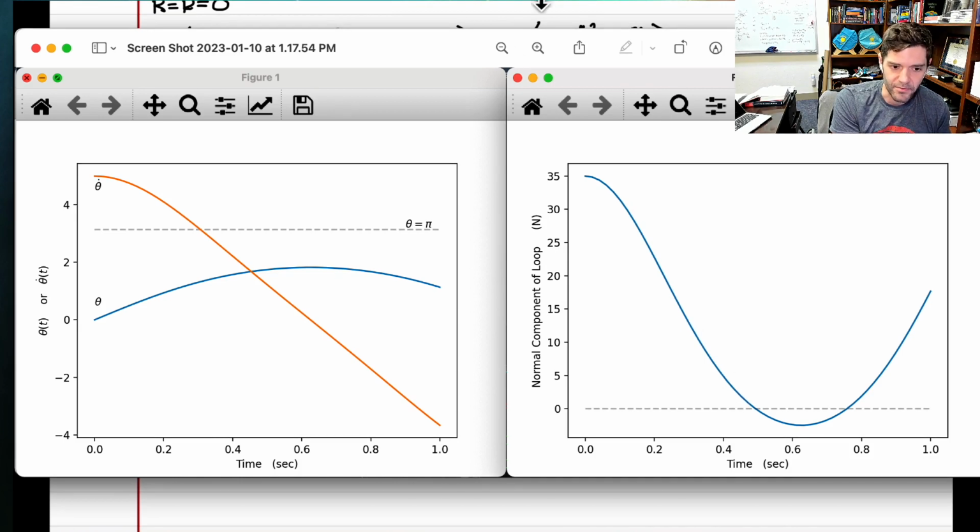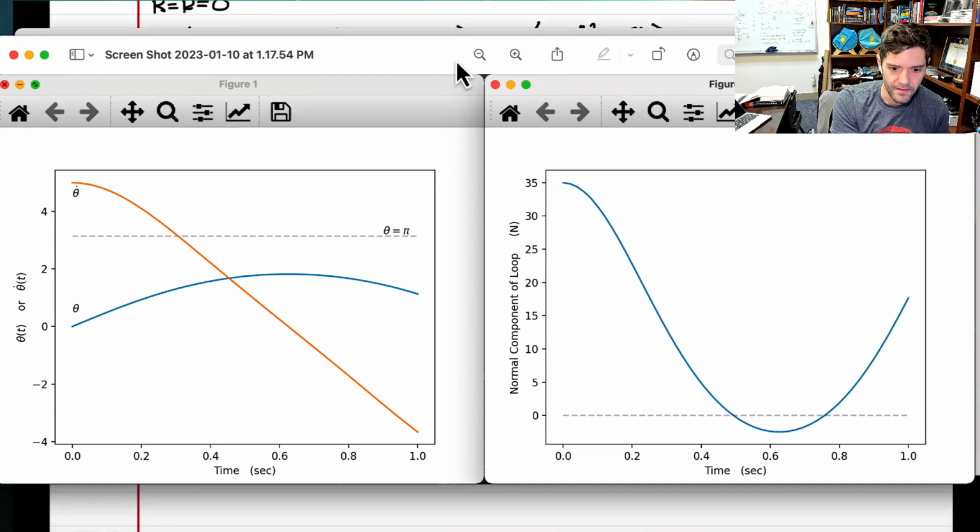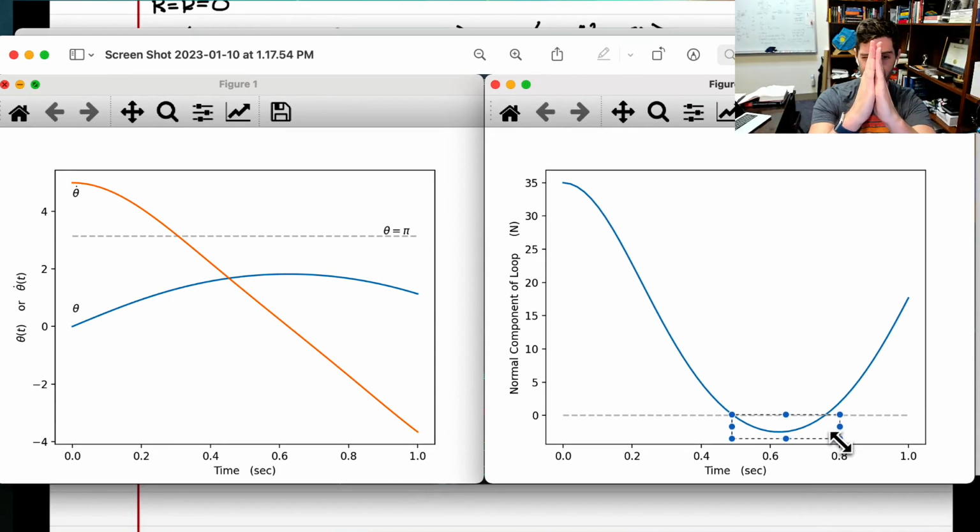But unlike the previous one, where it always was some positive number, in this case it eventually goes to 0 and then becomes negative. What does that mean? Remember, 0 is right when the two things lose contact with one another. A negative component means that rather than pushing the cart away from the ramp, it's somehow hooked in and is pulling it towards the ramp as well.